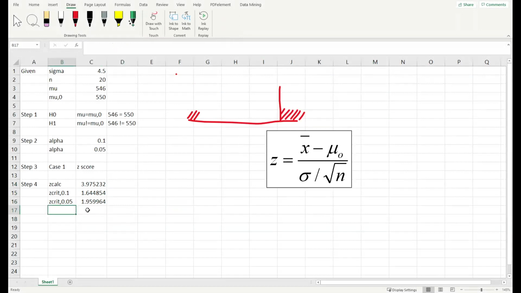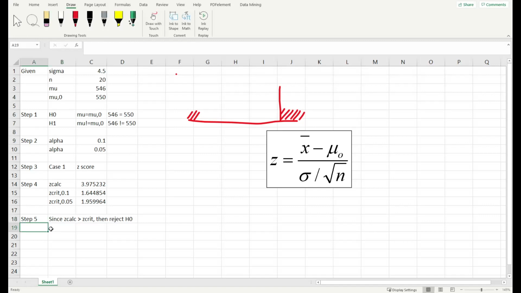So ito, ang magiging conclusion natin sa step 5 is, since Z calc is greater than Z crit, then we fail to reject or we accept. Oh, no, sorry. We reject pala, sorry. We reject H naught.